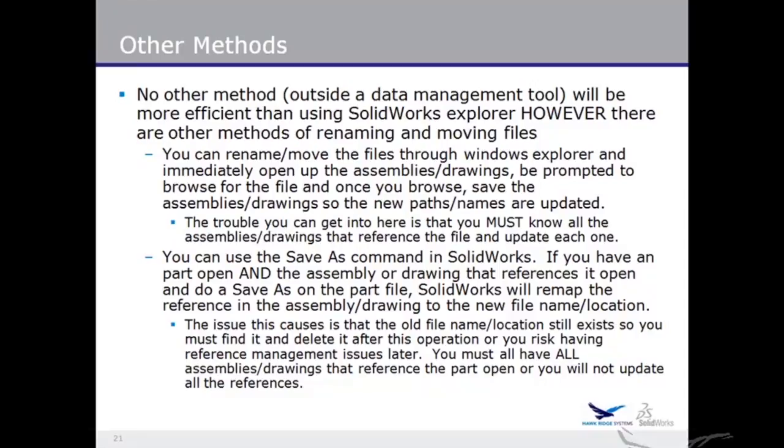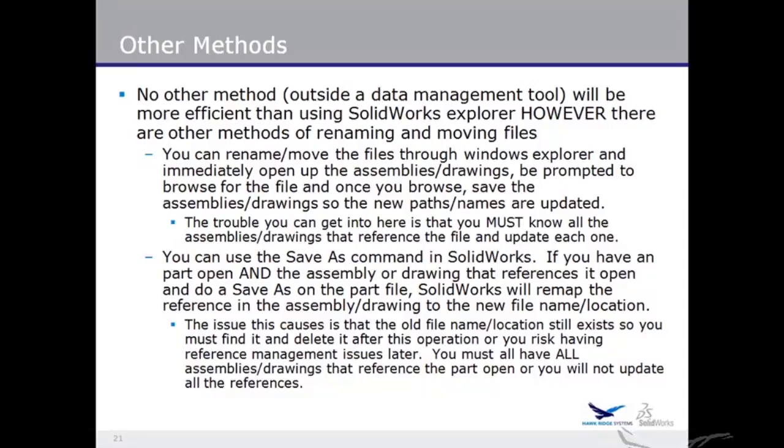Now, there's two problems that you have here. If you're moving this, you've still got two copies of that file, so you have to go back and delete the original. The other thing is, it's only going to update the references if you have the file open. So if the assembly file or the drawing file isn't open when you do this, it is not going to update the references.